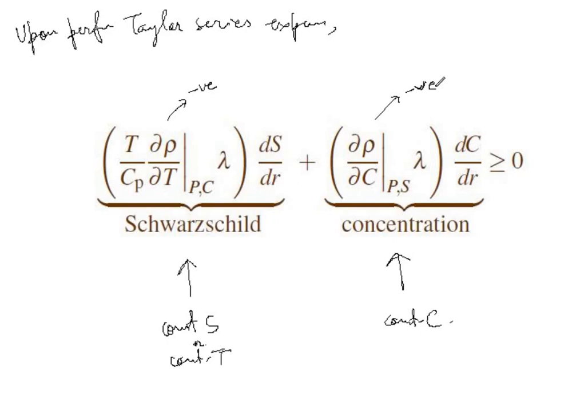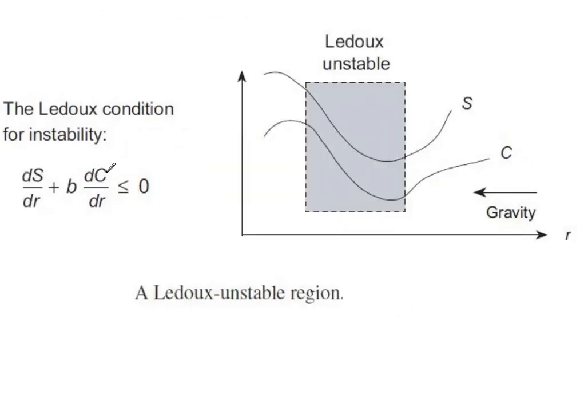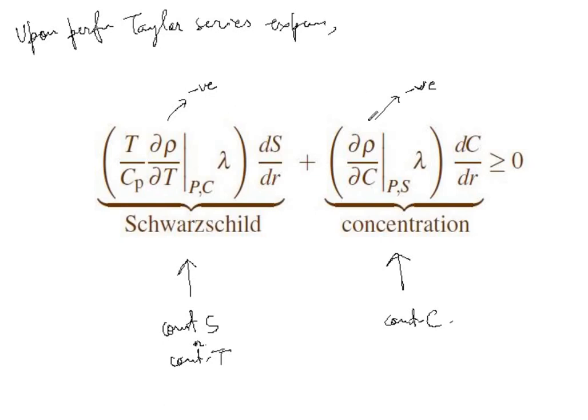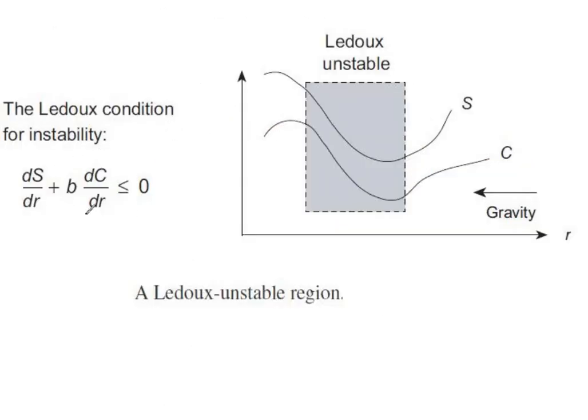And so this Ledoux condition takes a different form, and the form is like this: ds/dr plus b dc/dr is less than or equal to 0. So if these two are negative, then we have this type of condition. This is the Ledoux condition.